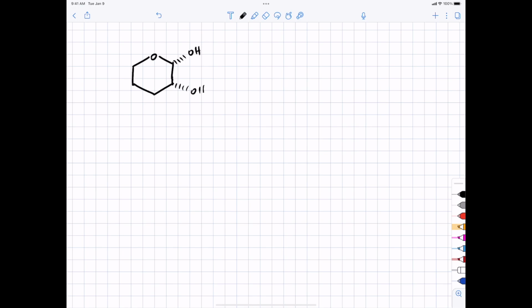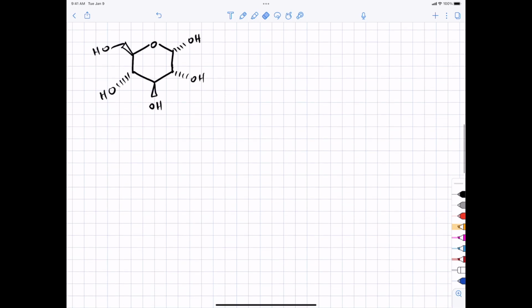I think it's probably glucose. Not sure. Yeah, that's pretty well glucose. Glucose is boring, but okay. So, which of the following is the most stable chair? Well, and you'd have options here.